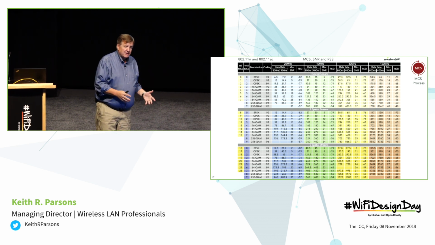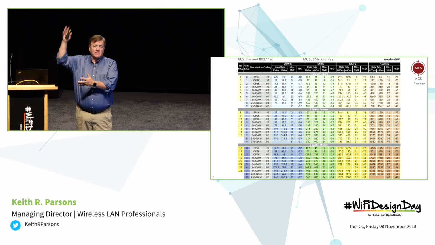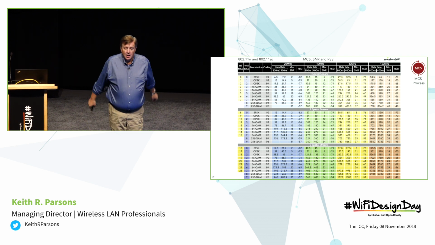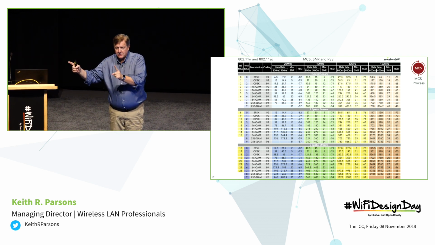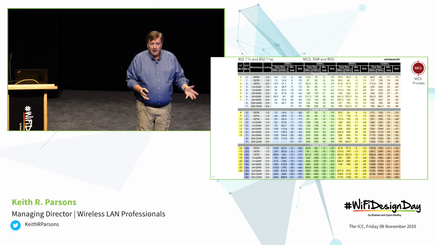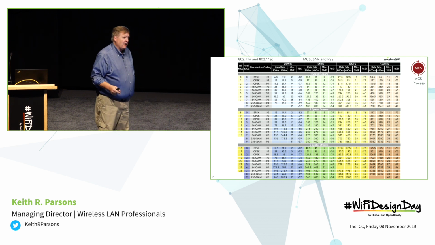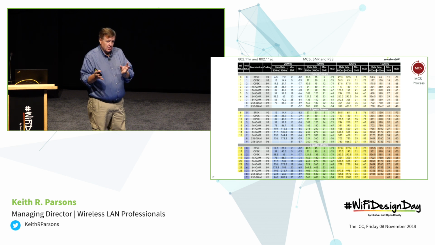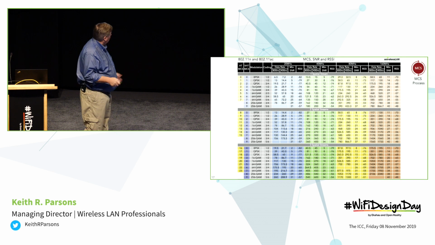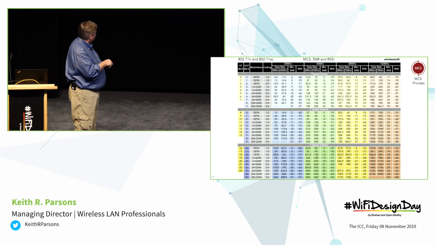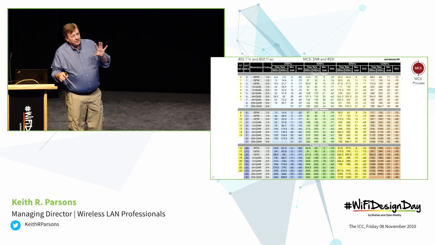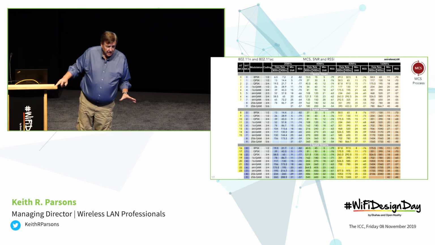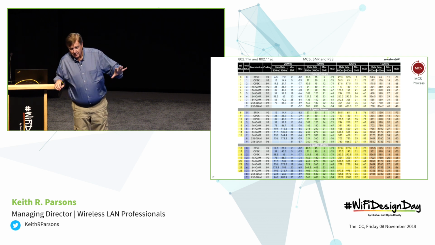So a DHCP discover packet leaves my device, comes down the protocol stack, hits the radio and says, can you please send this string of bits, a DHCP discover, out your radio port? And the radio goes, how should I package that set of bits? Well, I'm going to send it with 256 QAM. Now, the preamble is going to go out at BPSK, because all preambles always go out at BPSK.